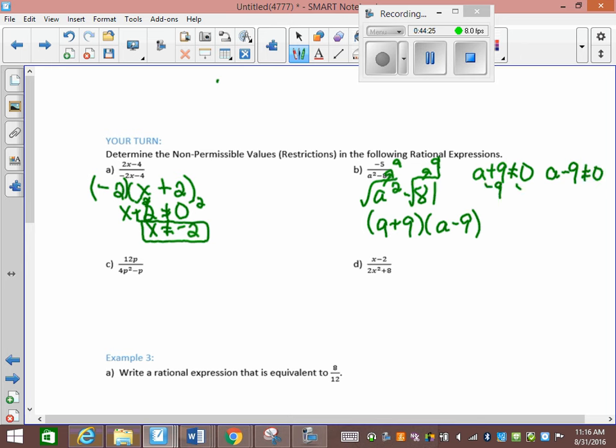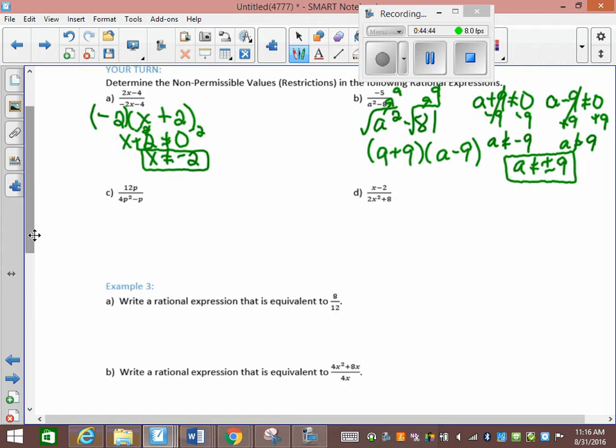Subtract 9: a can't equal negative 9. Add the 9: a can't equal 9. You get a can't equal positive or negative 9. D is a trick. So you're kind of stuck on D, or you got yourself a really good answer. All right, D is tricky.